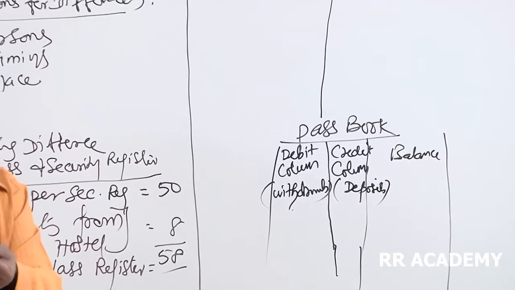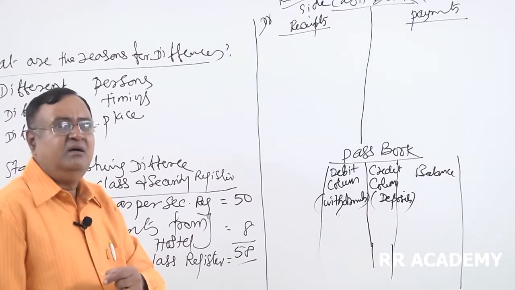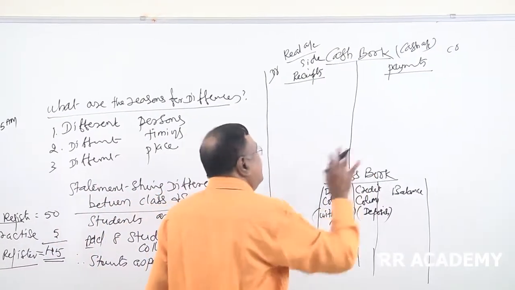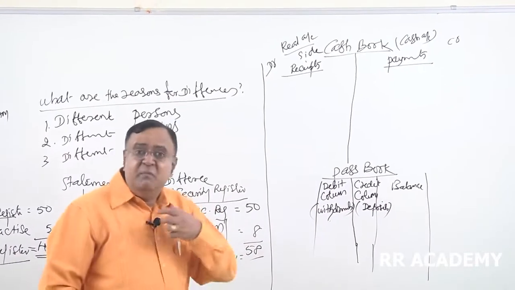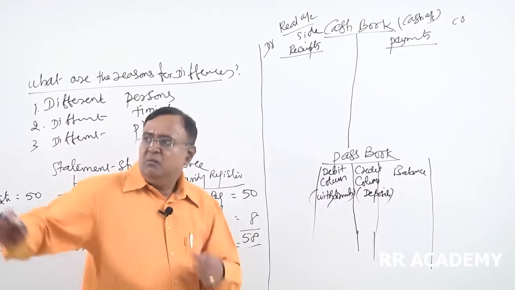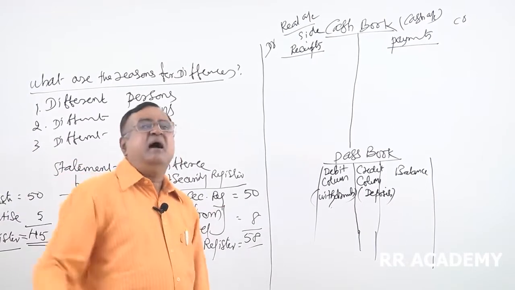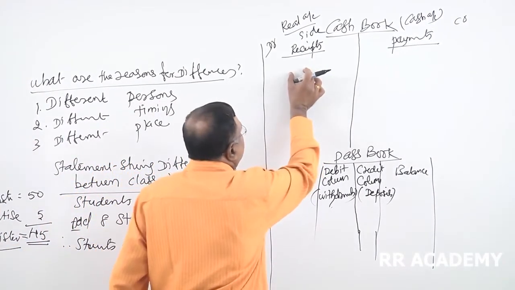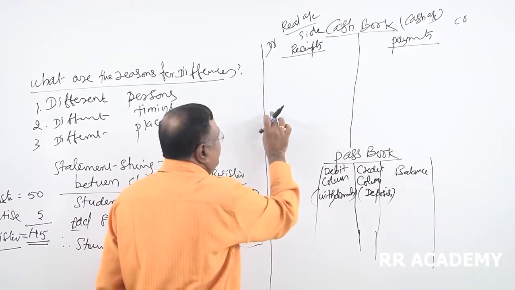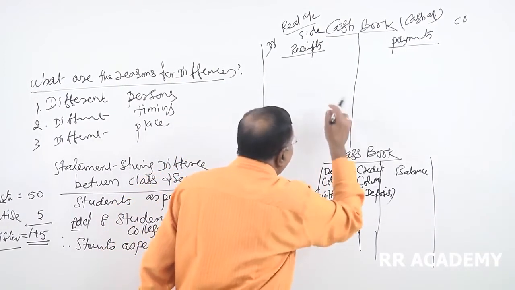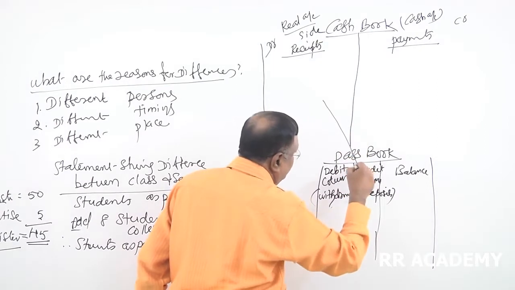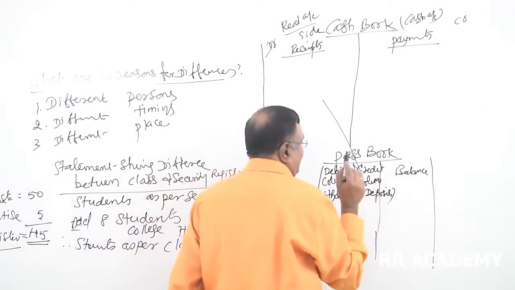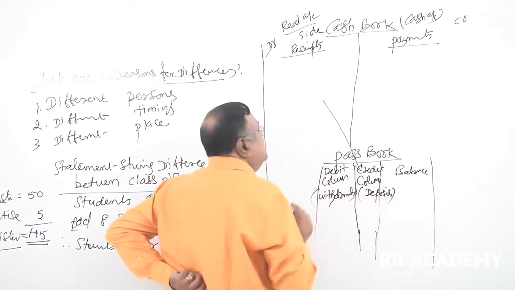Now, cash book and passbook are the same. That is why the difference is coming. We will see that. Cash book and passbook, the same. Why? The cash book is maintained by us, the passbook is maintained by the bank clerk. A replica. Receipts will be entered on the debit side, that is deposits, entered on the credit column. Credit means deposits.